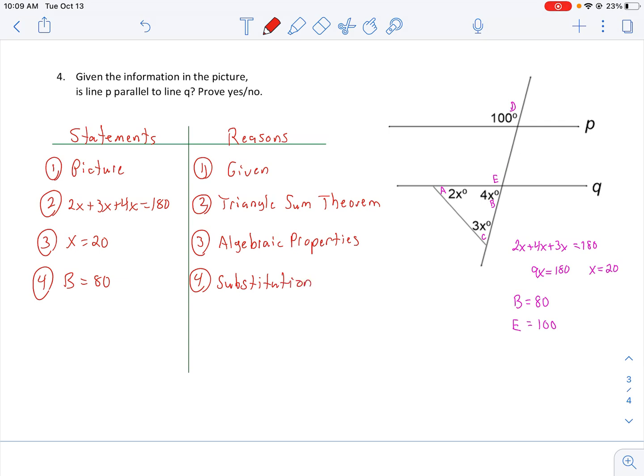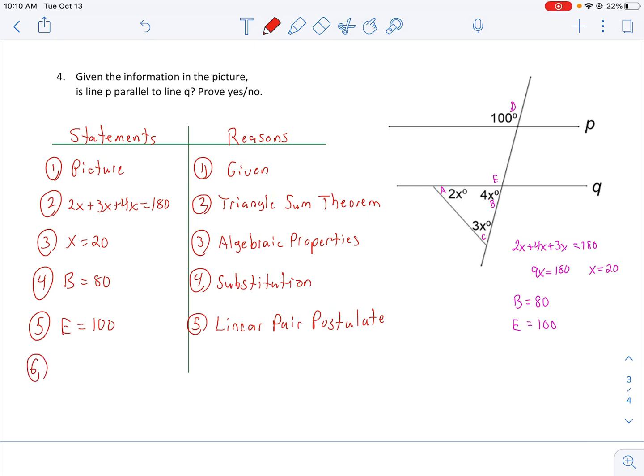And then we found E to be 100, and that was the linear pair postulate, because they formed a line, so they have to add up to 180 degrees.